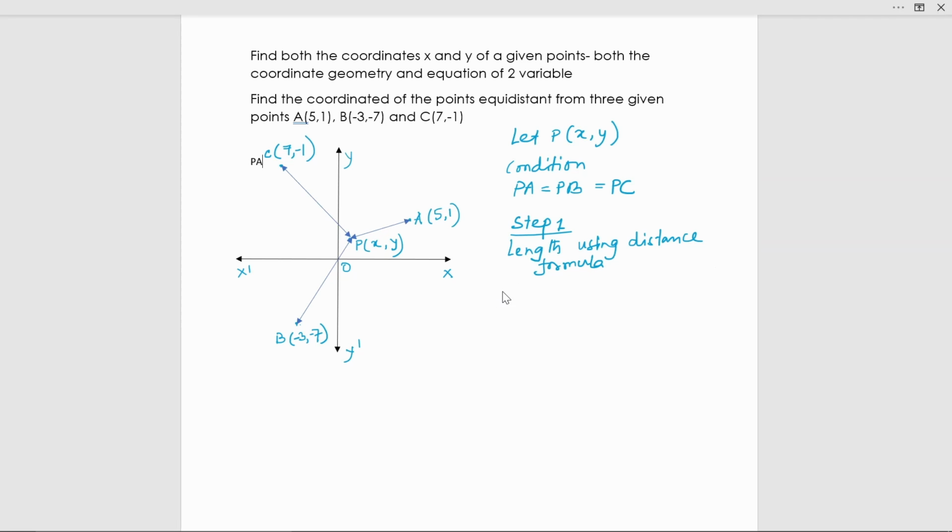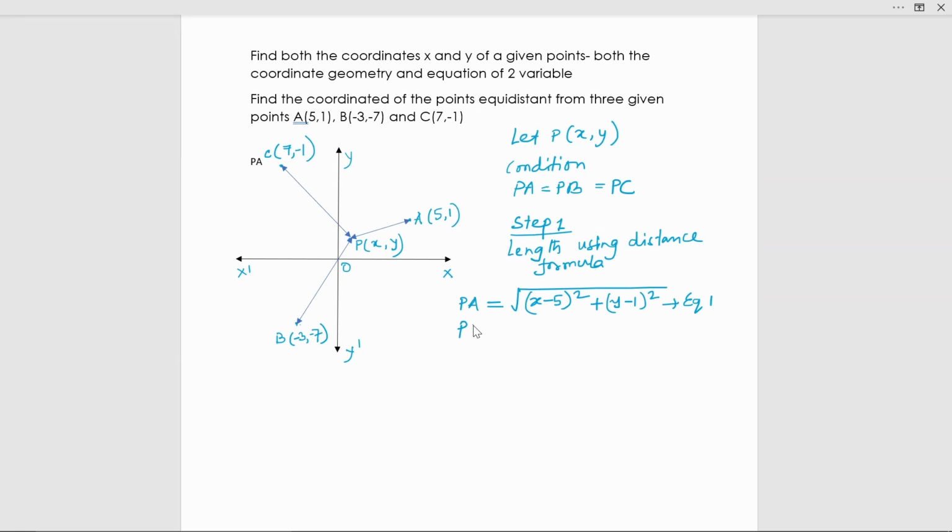So let's find PA. PA is given by root over (x minus 5) square plus (y minus 1) square. So this is my equation 1.